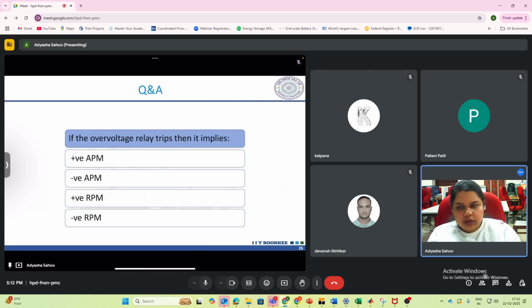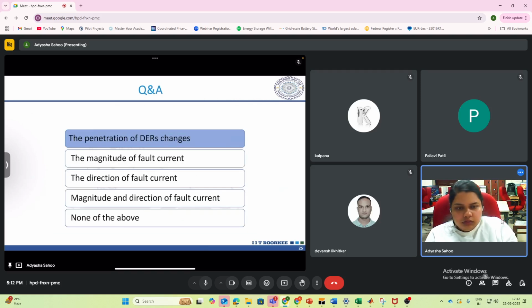So what will be the answer here? It's affecting both, right? We saw magnitude and direction.